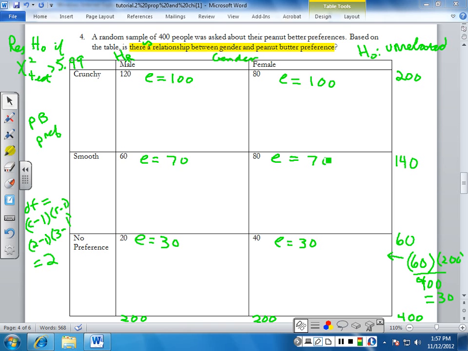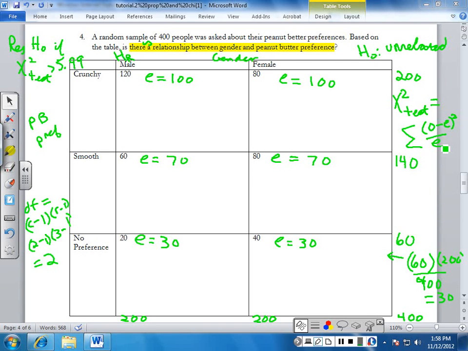So the chi-square test is equal to the sum of, for each cell, the observed minus expected squared divided by expected.